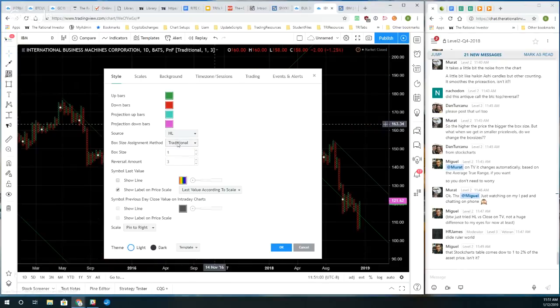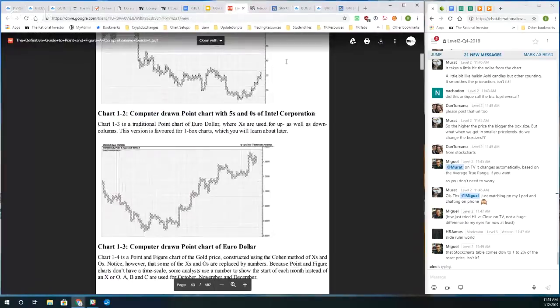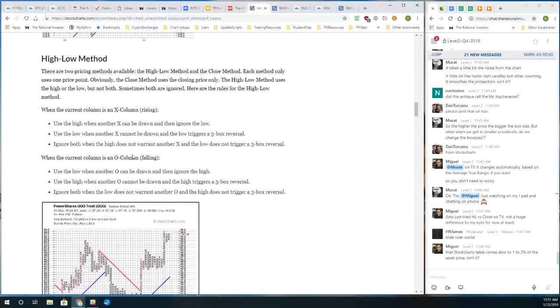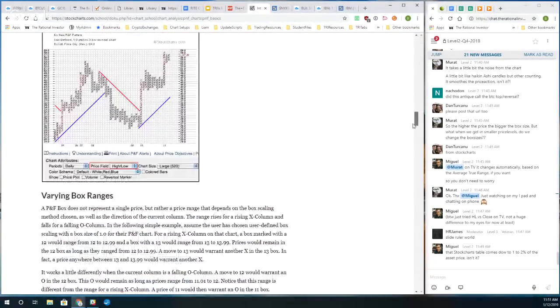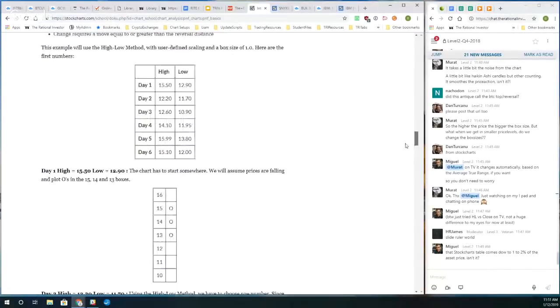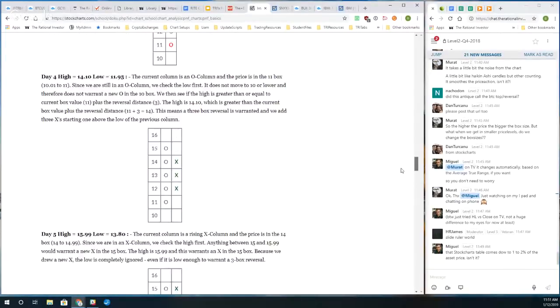I recommend that you just go through the traditional route of analyzing these point and figure charts. And actually, it's interesting, I think even through the stockcharts.com tutorial, they strongly suggest that you don't use ATR. I don't know where it is in here. Anyway, you can find it in here somewhere.